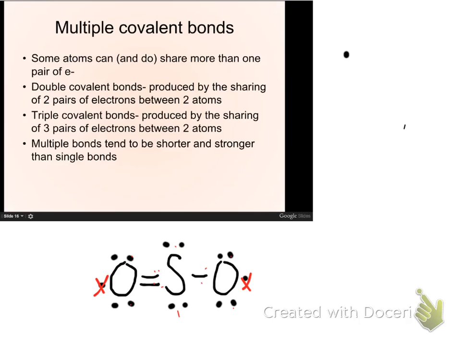So what ends up happening is we end up losing some electrons and they end up over here. Here's what we end up with.